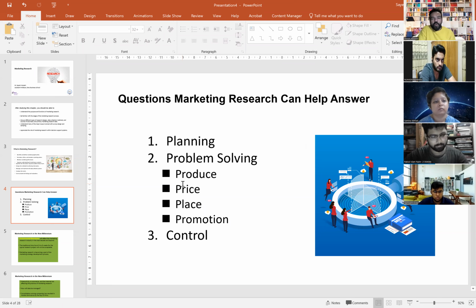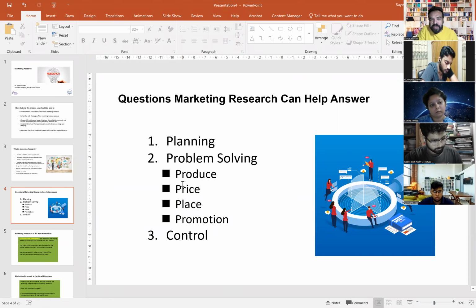Because once you introduce the product in the market, it's not going to be a super hit immediately. There could be so many problems. In your pricing, there could be problems. In your channels of distribution, there could be problems. The way you're promoting the product could be a problem. But you need to thoroughly assess those time and again, every now and then, to double check what is happening.